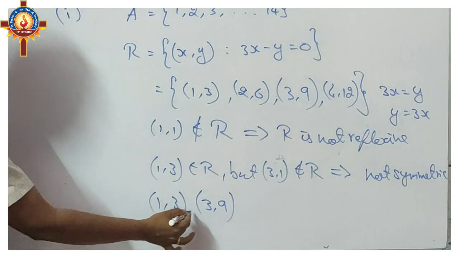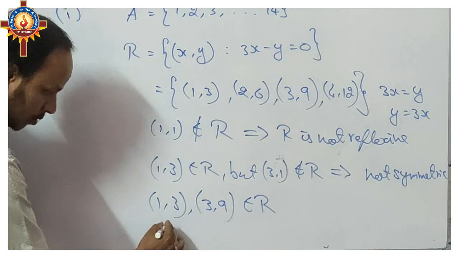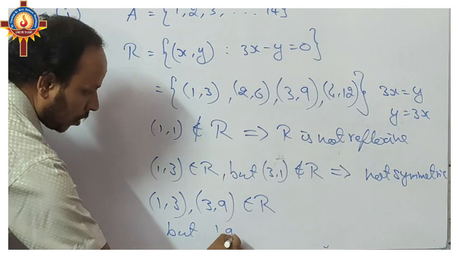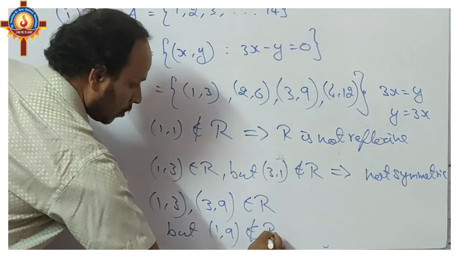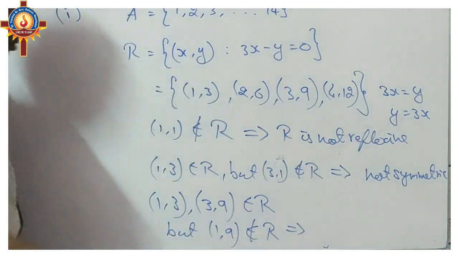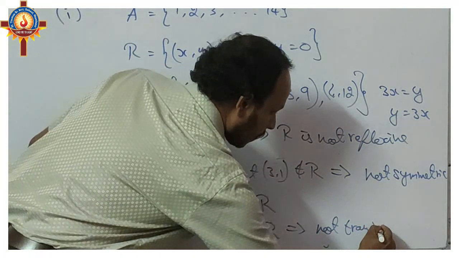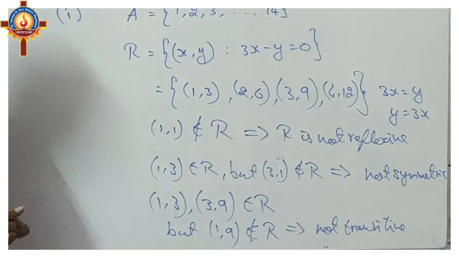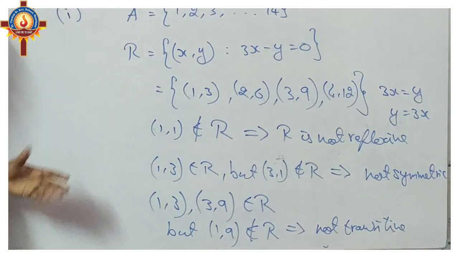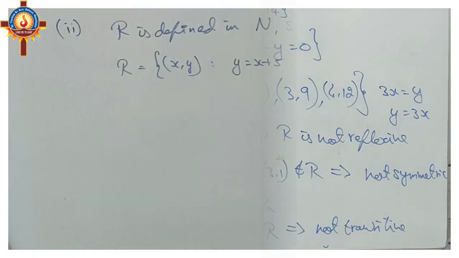So 1 comma 3 and 3 comma 9 belong to R. But 1 comma 9, does it belong to R? No, it doesn't belong to R. Therefore, this implies R is not transitive. So it's very easy to prove that a given relation R is neither reflexive nor symmetric nor transitive.